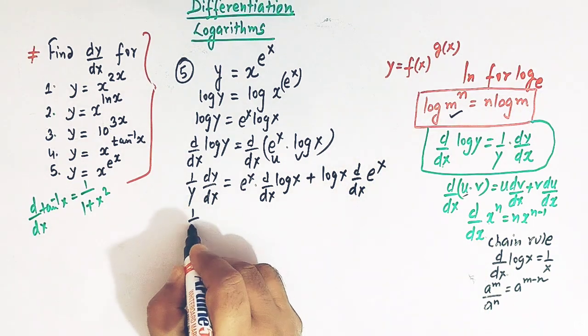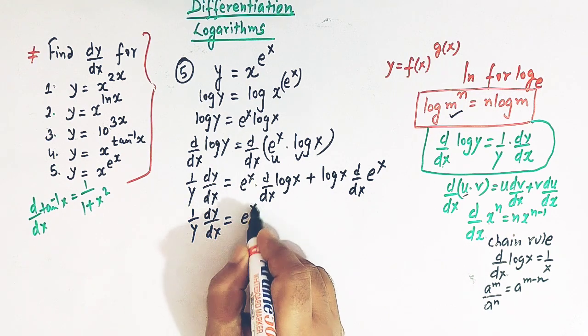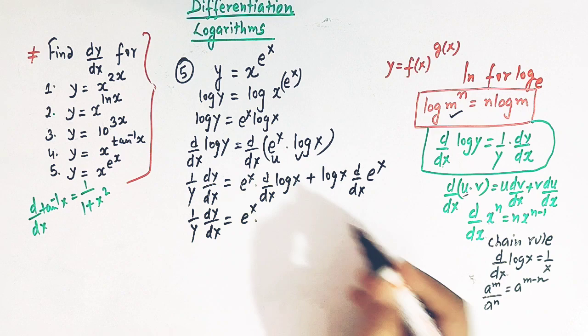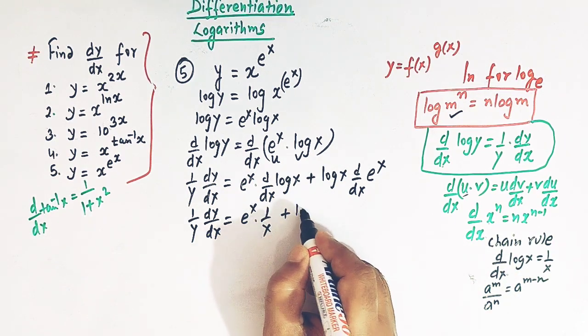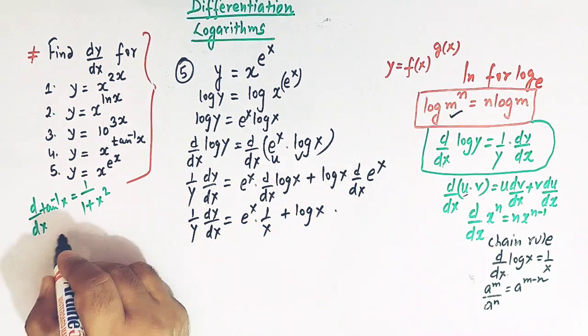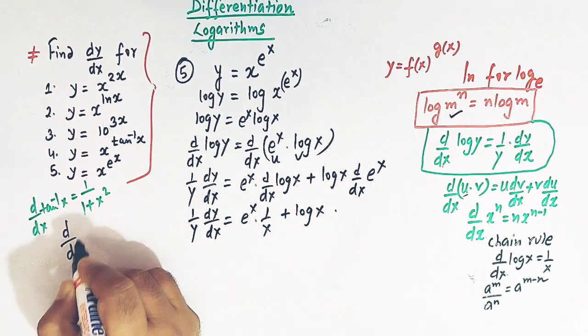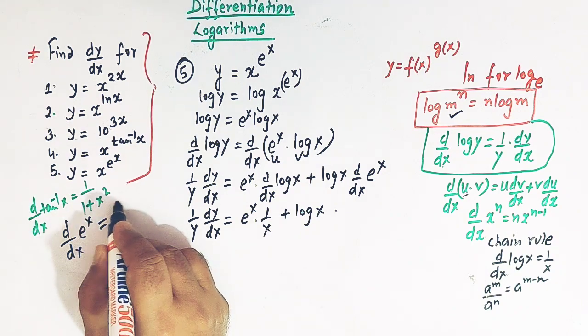So now we have 1 over y dy over dx, and here we have e raised to x times the derivative of log x, which is simply 1 over x, plus log of x, and we know that the derivative of the exponential function is the function itself.